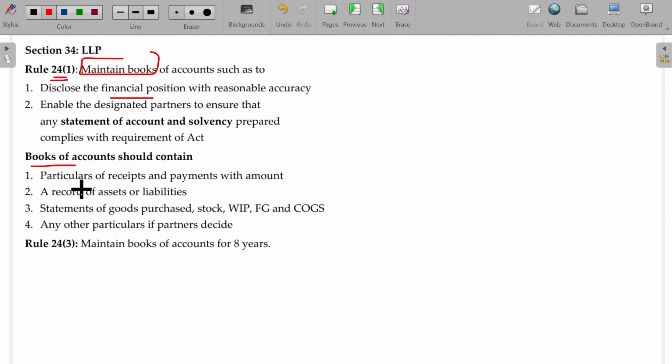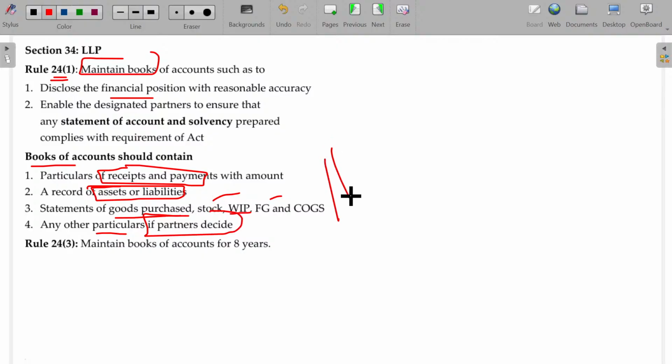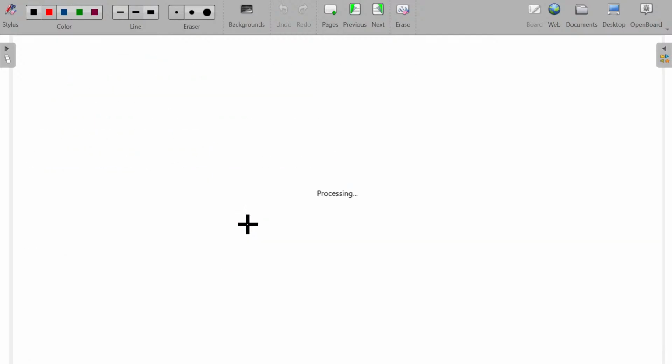What are the books of accounts you need to maintain? Receipts and payments, record of assets and liabilities, goods purchased, stock, work in progress, finished goods, cost of goods sold. Any other particulars if the partner is willing to show or maintain in the books of account, they have to maintain for a minimum of 8 years.